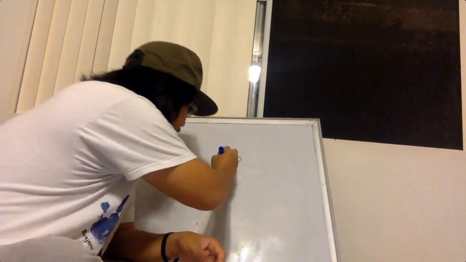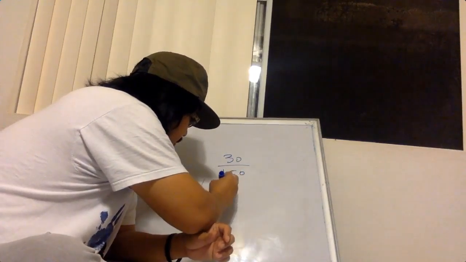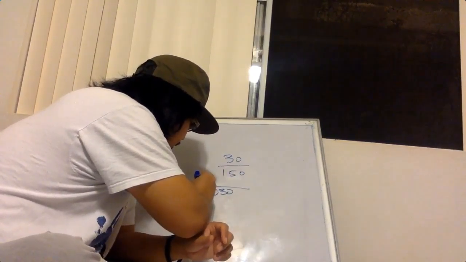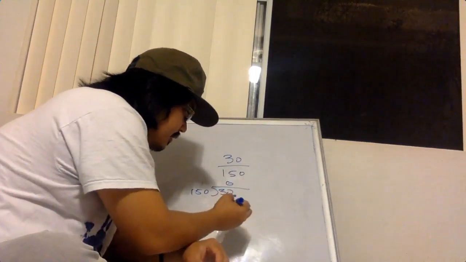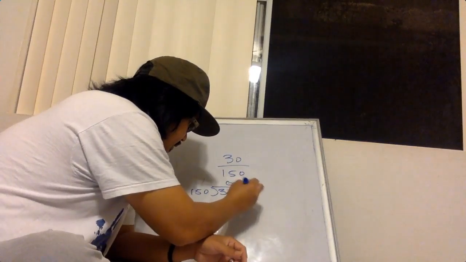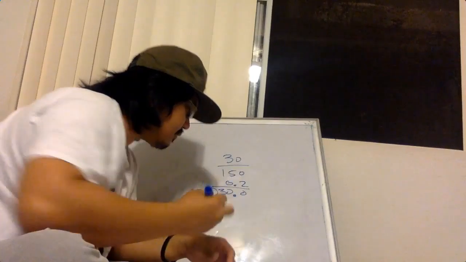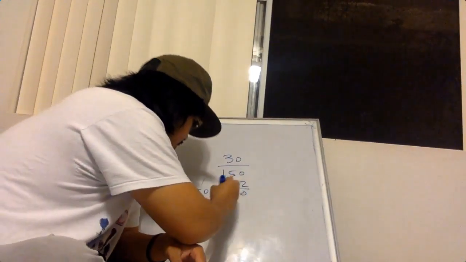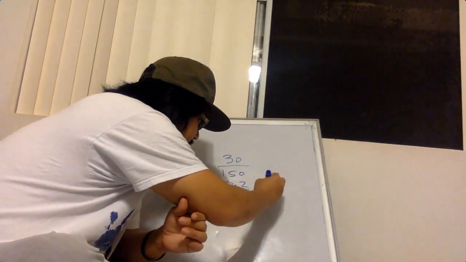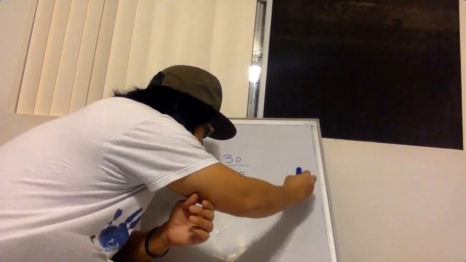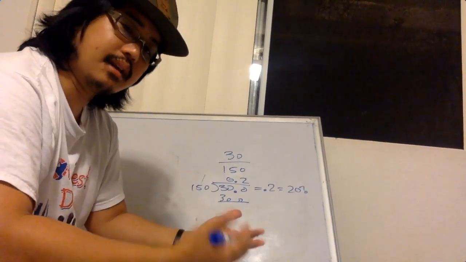And you divide that by the full amount, which is 150. So what is 30 divided by 150? Put a decimal here. Well, it can't go any times, we know that. Put an extra 0. How many times can 150 go into 300? Answer is 2. So my answer is 0.2 or 20%, which is the same exact answer as I got before.